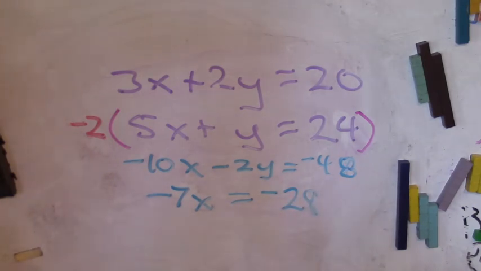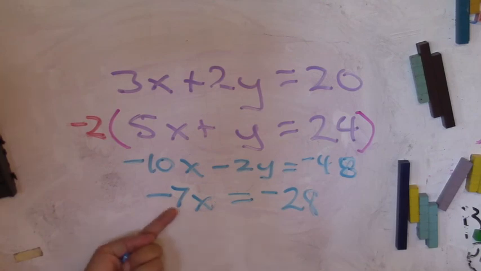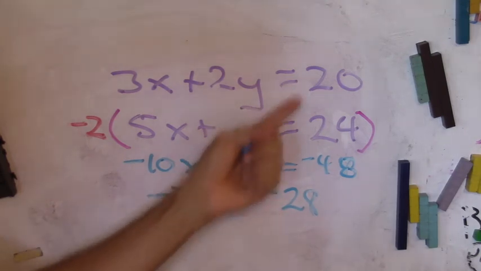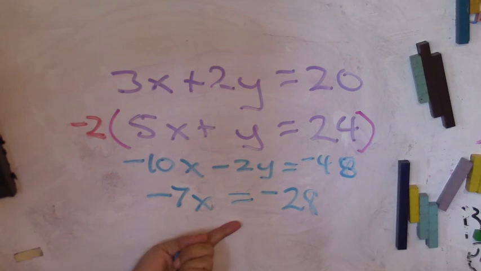So what's x gotta be? Wait a minute, I got -7x is equal to -28. You did this part, you got it, right? Yeah. All right, so if -7x equals -28, what's x got to be? What's -28 divided by -7?